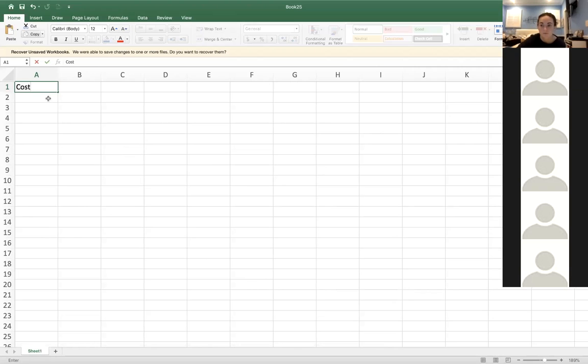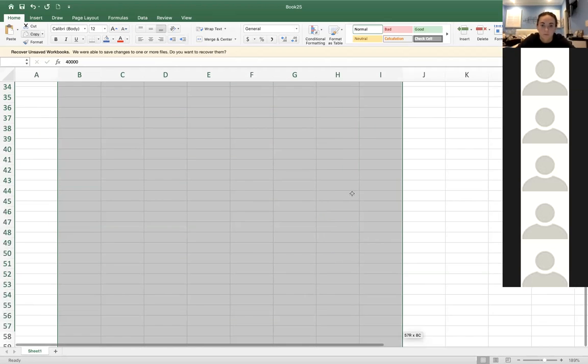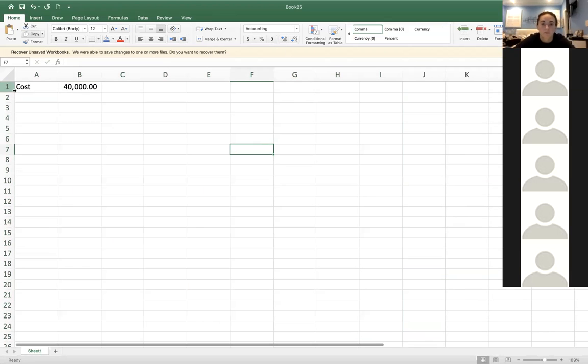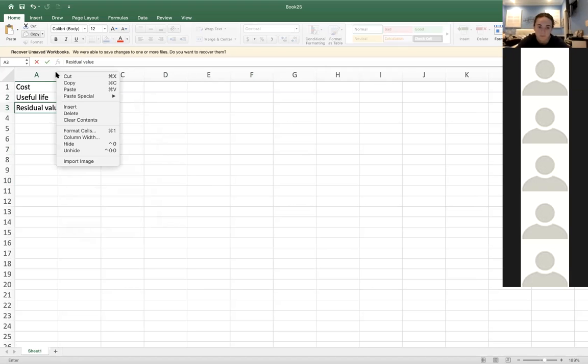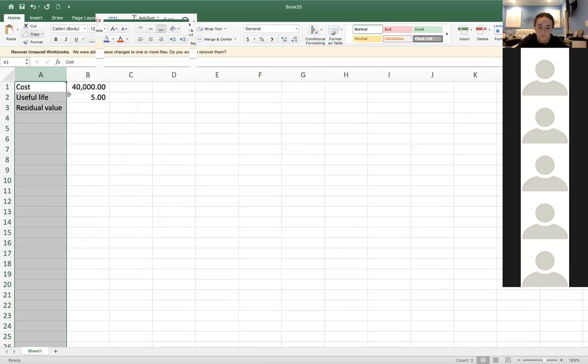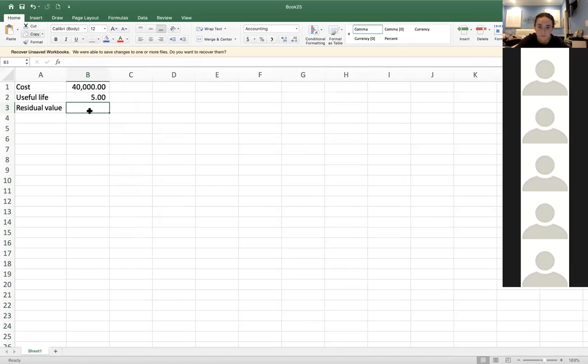And we had a cost of $40,000. And the computer was depreciated using straight line, and my useful life was 5 years, and my residual value was 4,000.